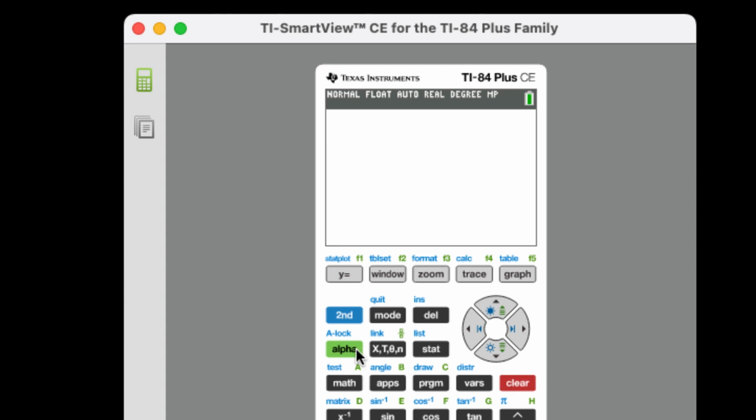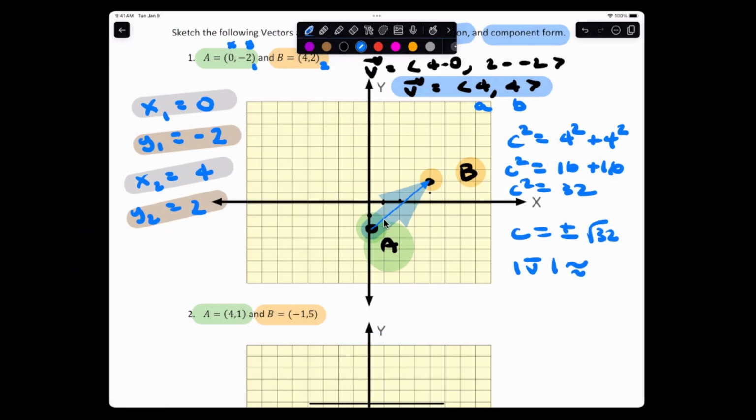So let's clear that out. Second square root, 32. And this is about 5.7. Is that true? If I go to the tenths, let's go to the tenths here for this. So did you guys get 5.7 here? I hope. All right, 5.7.